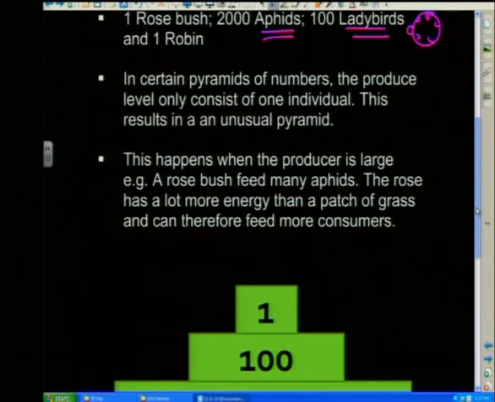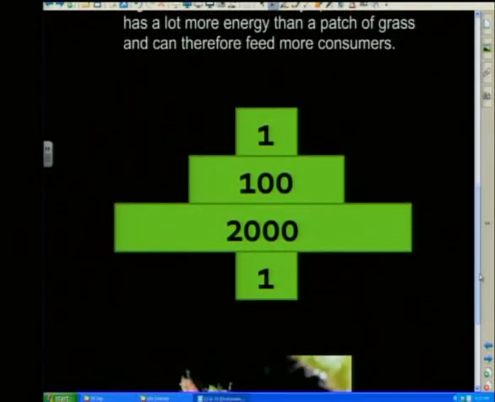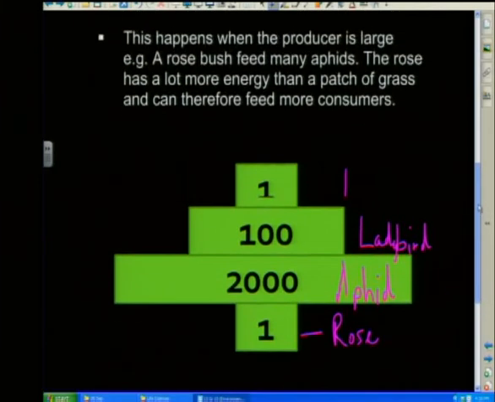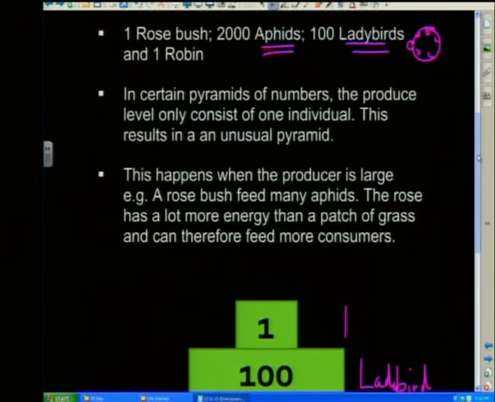So on a rose bush, we've got one rose bush, and on it we've got 2,000 aphids. As well, we've got 100 ladybirds, and we've got one robin.